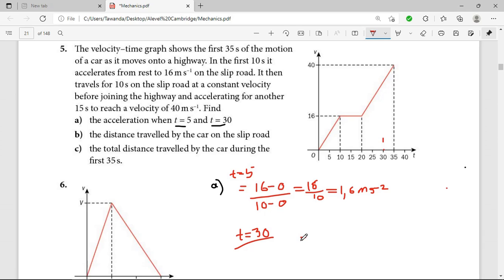So again, our acceleration is the change in velocity, which is 40 minus 16, divided by the time taken, that is 35 minus 20.